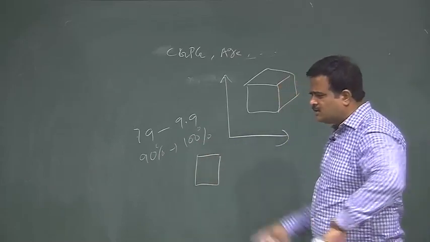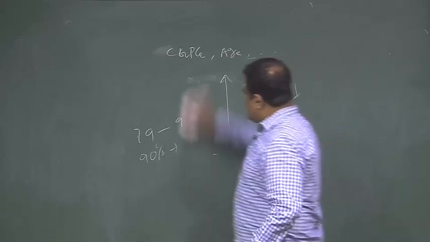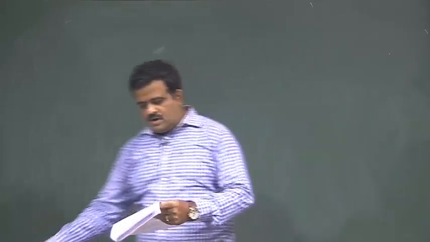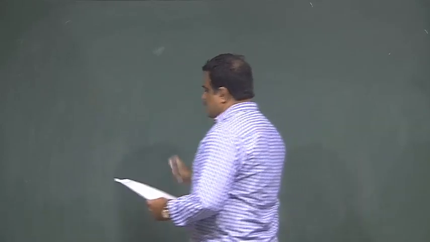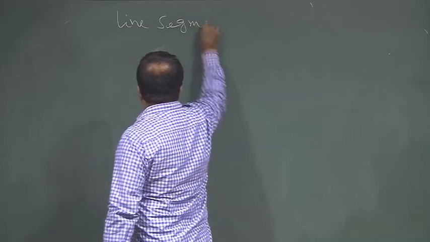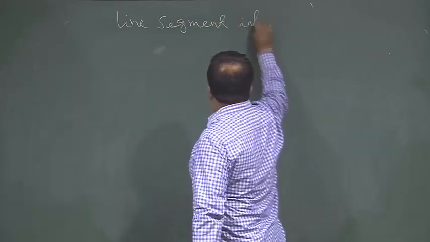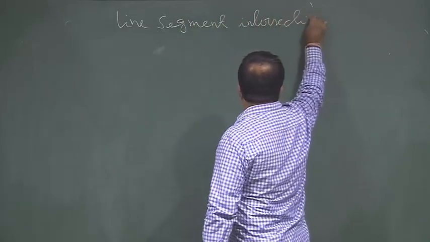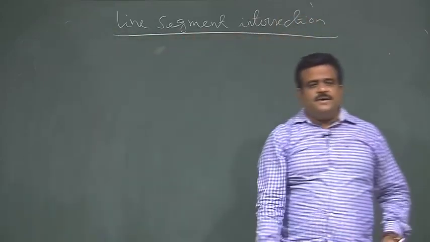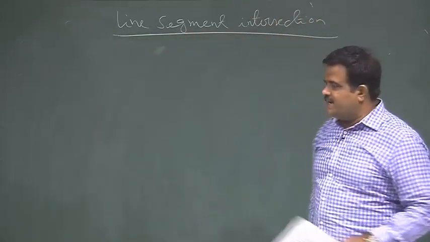So there are lots of applications of range search trees. Anyway, let us have a quick look at another problem, which is called the line segment intersection problem. This is also a static data structure.